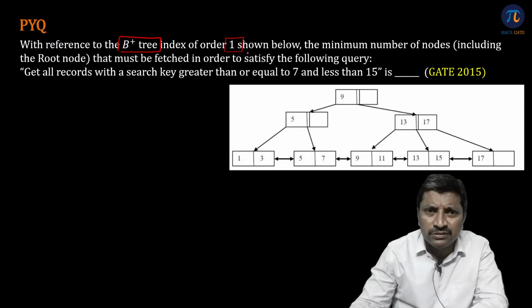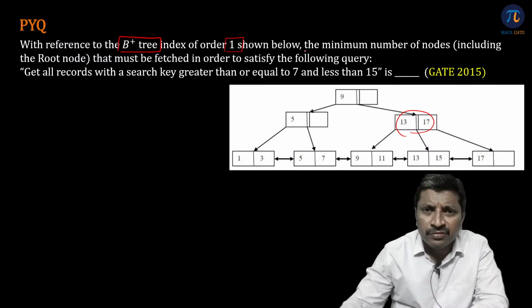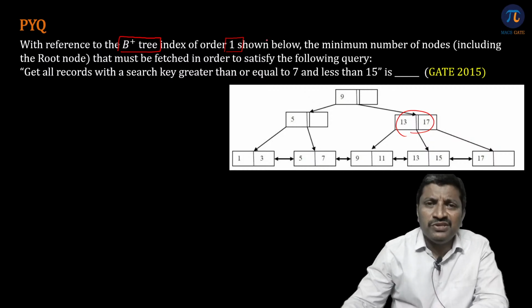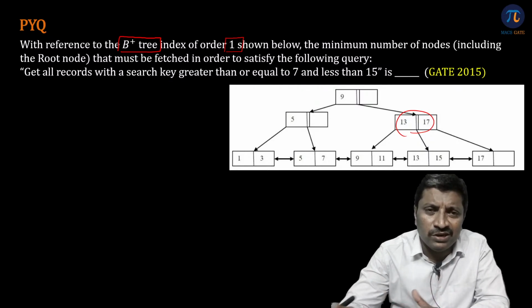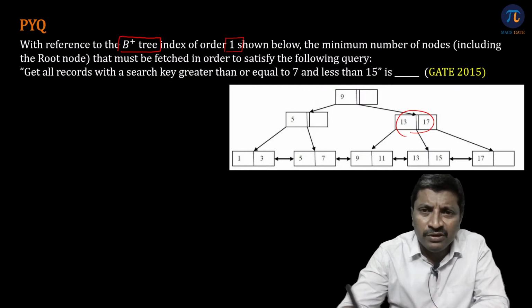I think something I did wrong, because we have more than 2 keys also, right? Okay, fine. Let me continue. Let us check it. If the question depends on the order, then we will skip it, sir. If the question does not depend on the order, then we continue.